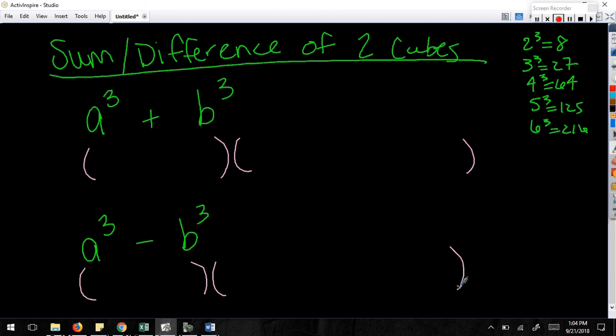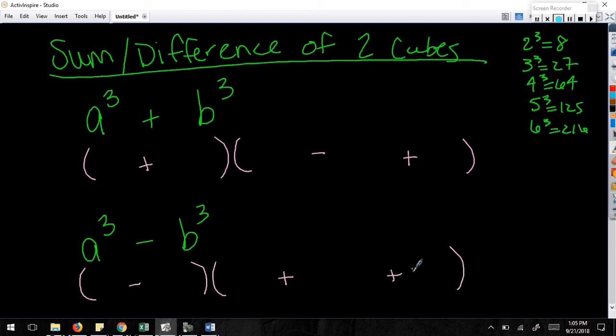I'm going to do my signs first, okay? My signs are going to be same, change, plus. Same, change, with a plus on the end. My signs inside these parentheses, binomial, trinomial: same, change, plus, depending on if I'm a sum of 2 cubes or a difference of 2 cubes.